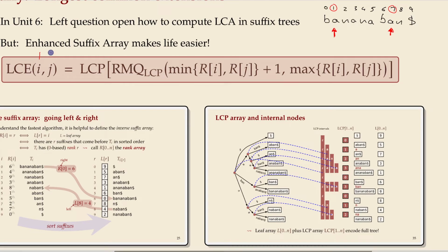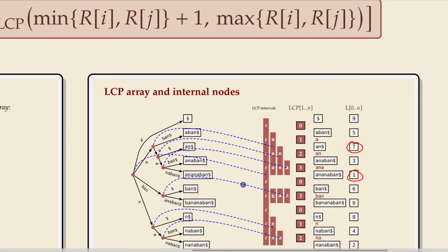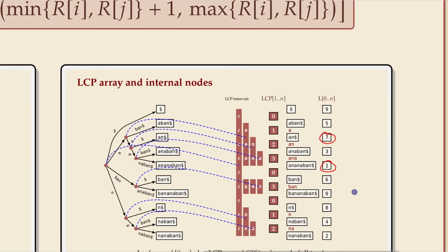So i is 1, j is 7. We can find those here manually. They're not adjacent in the lexicographic order, so there's no LCP entry that stores their value. But if we zoom more into this, we find that if these two have something of length 2 in common and these two have something of length 3 in common, the top and bottom row have something of length 2 in common.